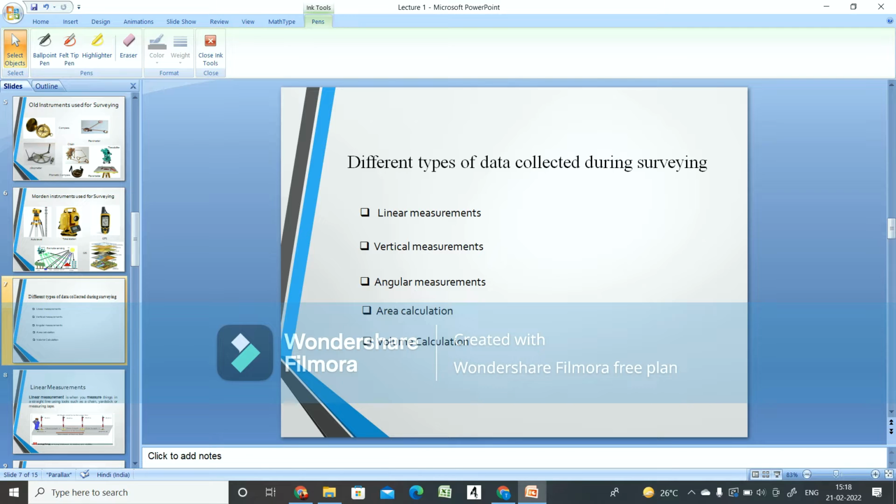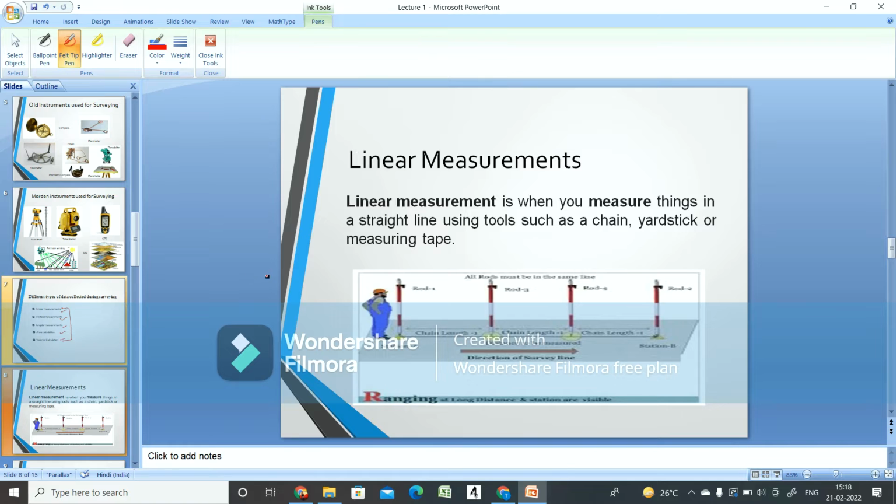So in a survey we always collect these five types of data. Some of the measurements will be linear, some vertical, angular, and area and volume calculation. Okay, so these are the basic measurements that we have to collect during a survey.